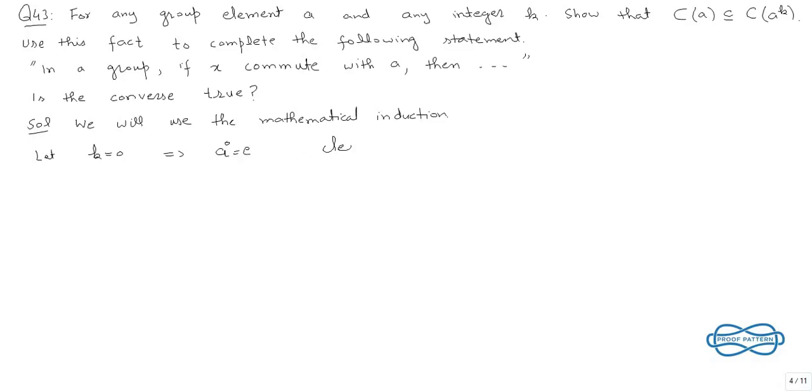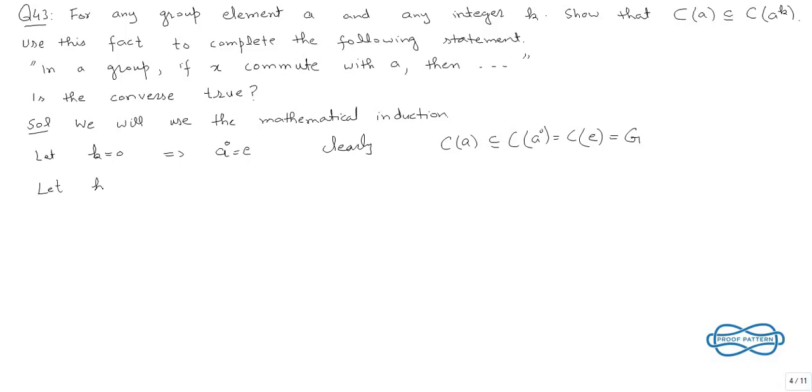Clearly C(a) will be a subset of C(a to the power 0), which is actually C(e), and we know that every element commutes with e, so this will be the whole G. So the fact is true for k equal to 0.